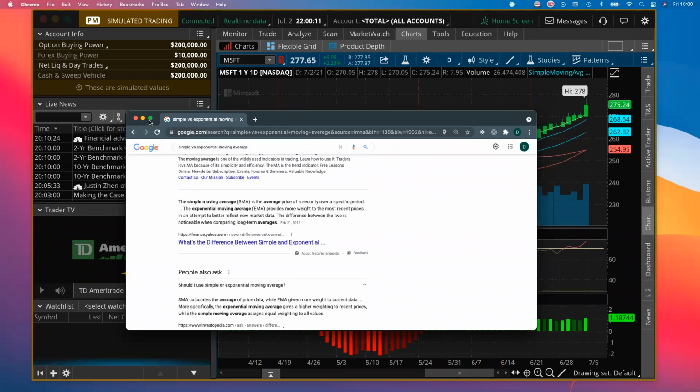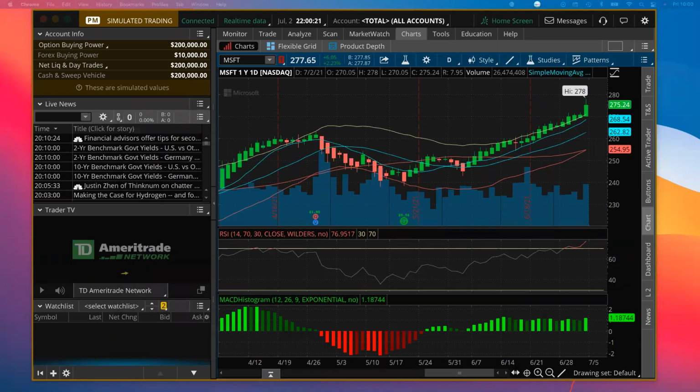How do I find tickers? I've got a couple of minutes left, so I'll show you that real quick. I'll show you two sources that I use. One of them is great, the other one is amazing.